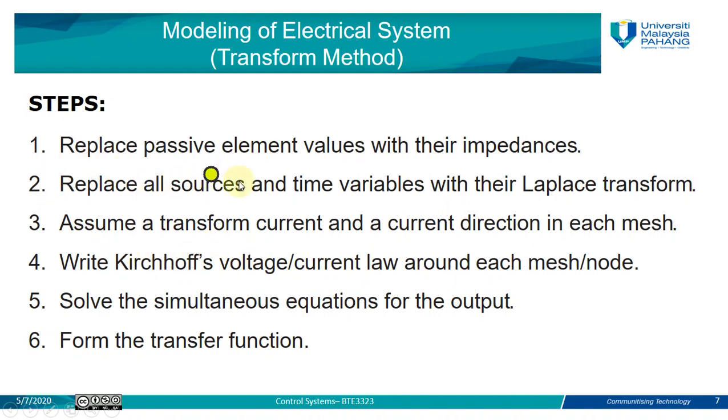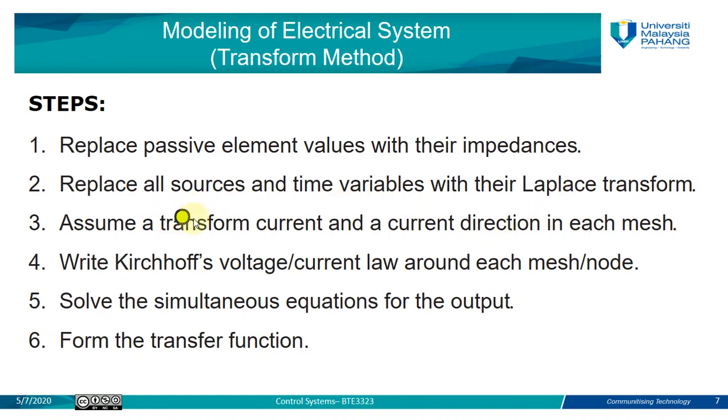After we represent these elements in the S domain, we are going to replace all sources and time variables with their Laplace transform. So instead of saying v of t, we are going to say V of S. Instead of saying i of t, we are going to say I of S. So all the voltage and current variables, which are in the time domain, will be converted into the S domain.